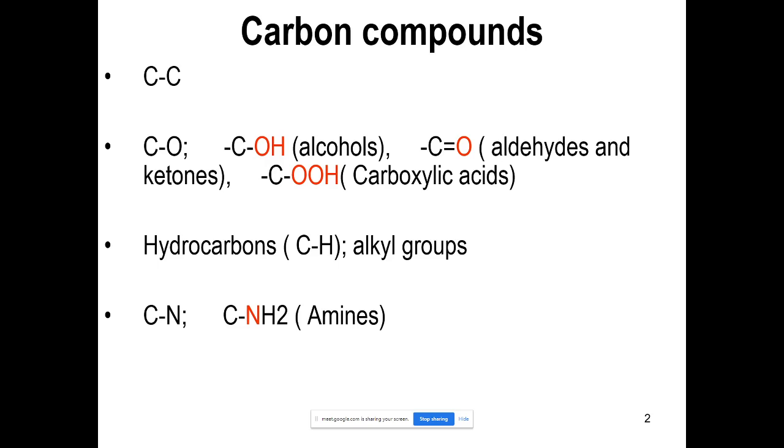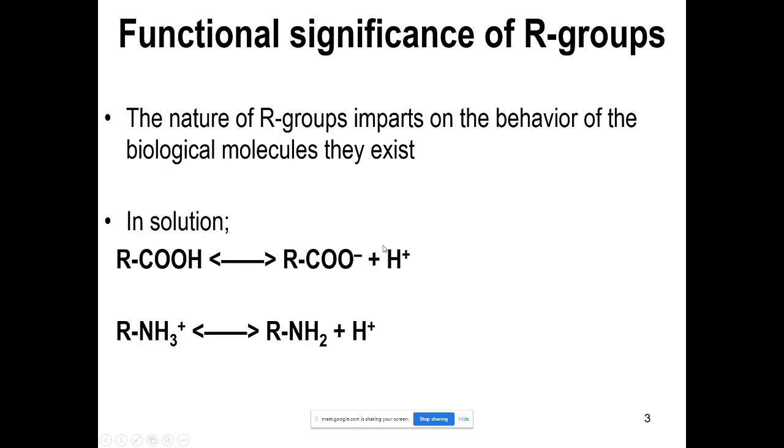Take an example, carboxylic acids. All carboxylic acids have a functional group which is COOH, and there is a certain way they behave. Aldehydes have C double bond O, and there is a certain way they behave. But the point I want to emphasize here is the functional group and the nature of the R group.